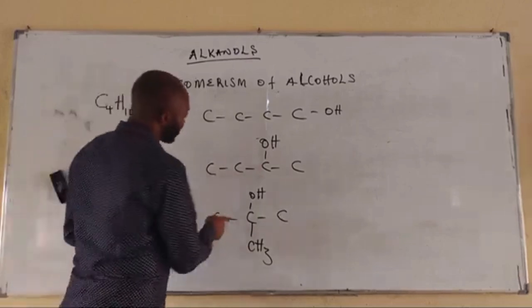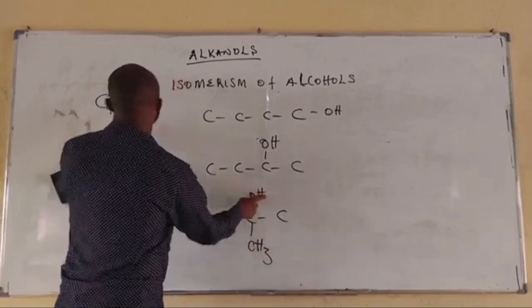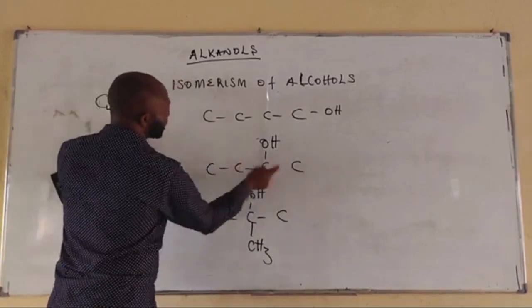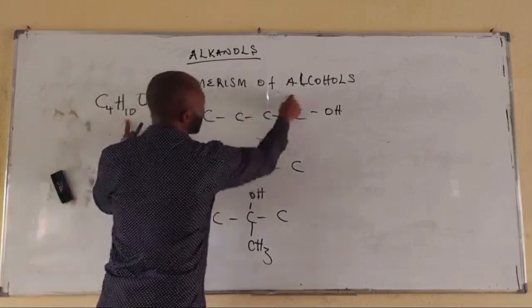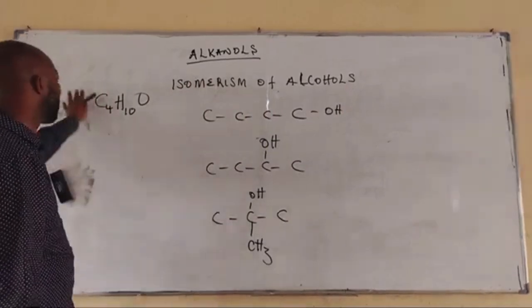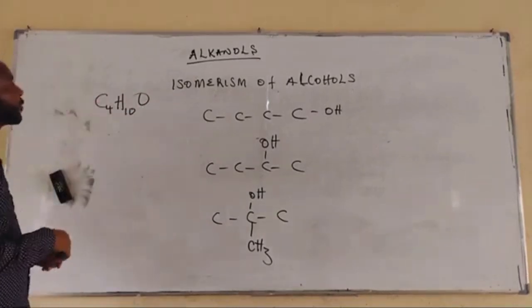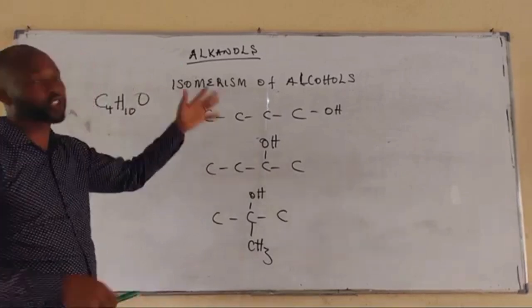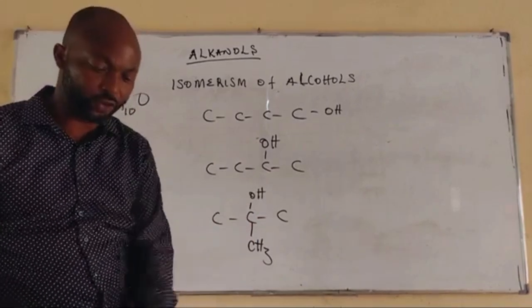In all of them we have 10 hydrogens with 1 oxygen. So all these are isomers of this compound. Isomerism again is a phenomenon whereby compounds have the same molecular formula, but their structures are different.